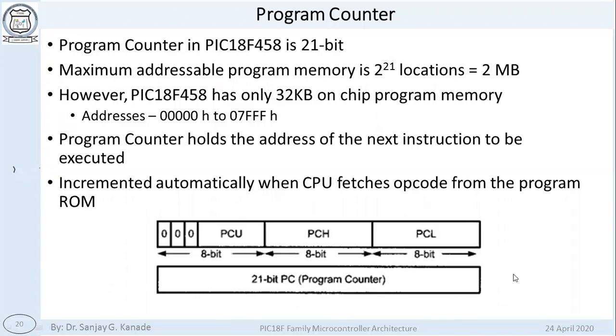The PC automatically increments and will automatically have the address of the next instruction. However, if you want to manually jump from one place to another and change the flow of the program, you can manually change the content of the PC by changing the contents of these 3 registers. Okay.